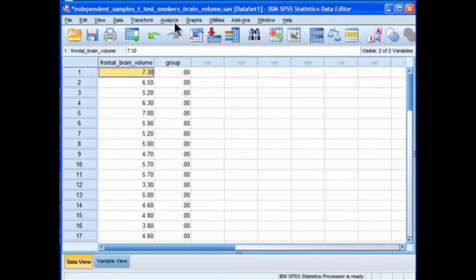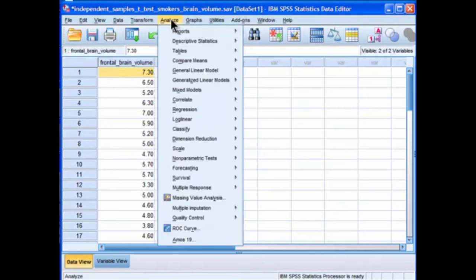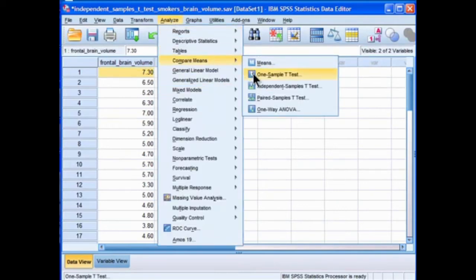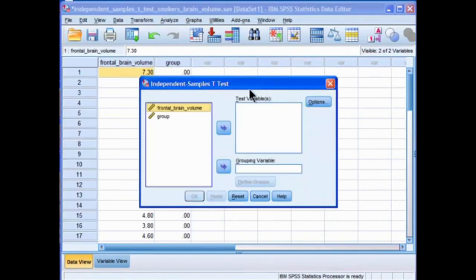And then we click Analyze, then Compare Means, Independent Samples t-test, and there you go. We've got frontal brain volume here, our dependent variable, and then put that into the test variable window, then put group into the grouping variable box. Then we define the groups.